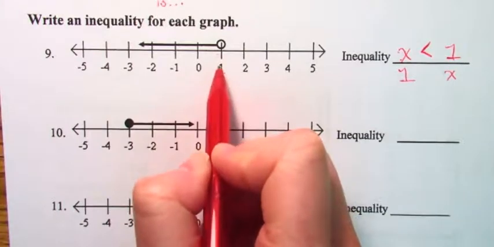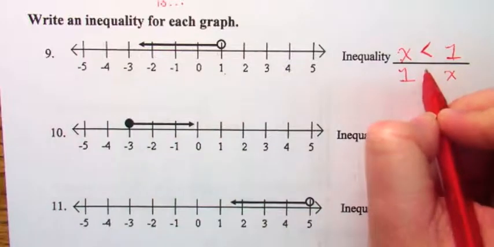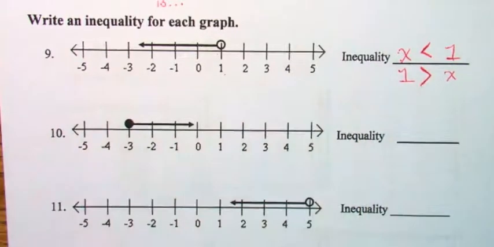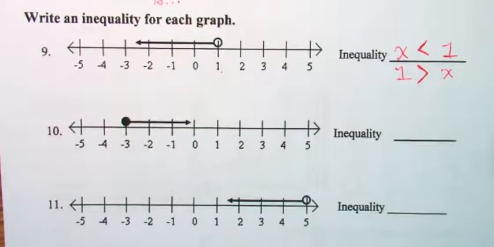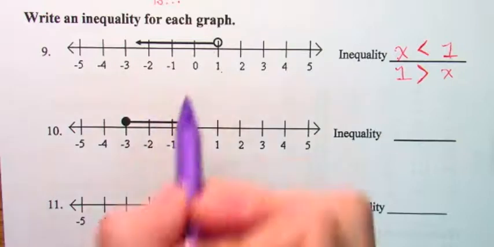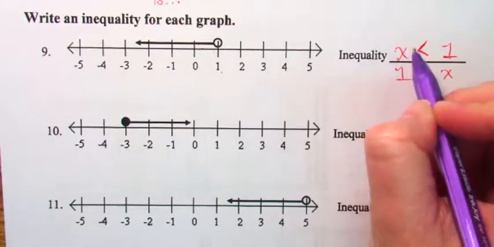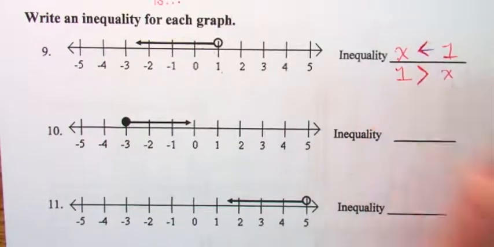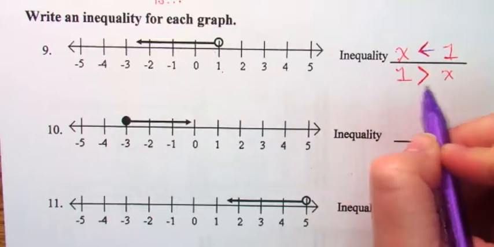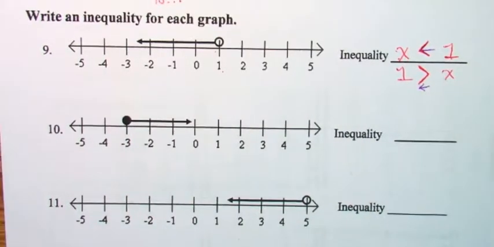You're saying that 1 is bigger than all these numbers. So 1 is greater than x. Both of these mean the same thing over here on the graph. So if I was checking myself, I would say x, the variable's first. My arrow points the same way as the symbol. Very good. Numbers first, my arrow would point the opposite way. So just kind of a way to check yourself.